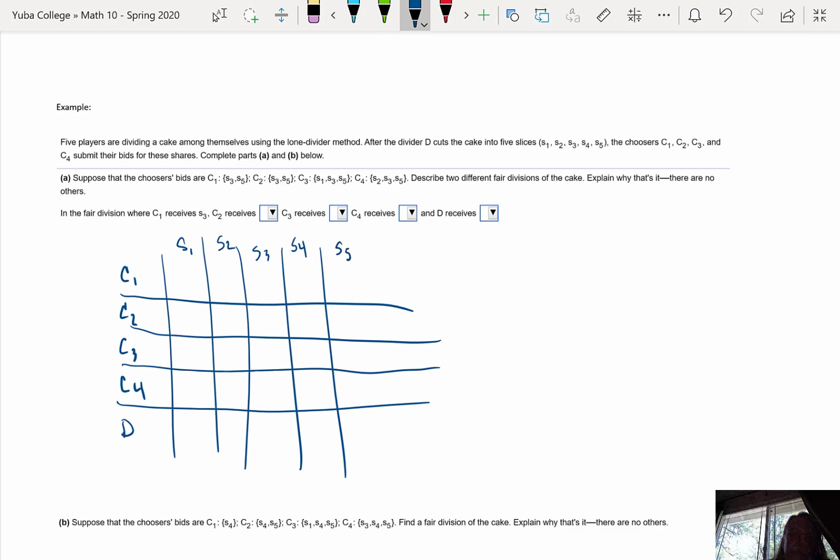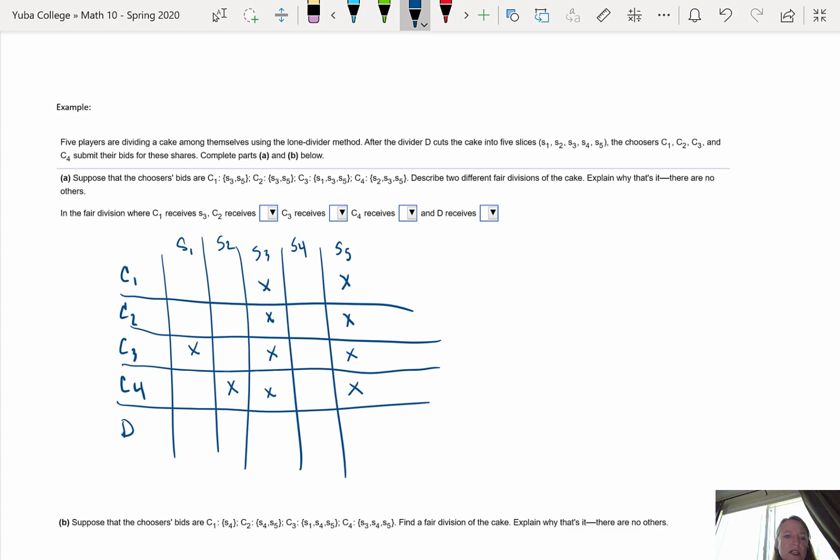So chooser 1 chooses S of 3 and S of 5. Chooser 2 also chooses S of 3, S of 5. Chooser 3 does S of 1, S of 3, S of 5. Chooser 4 was S of 2, S of 3, S of 5.